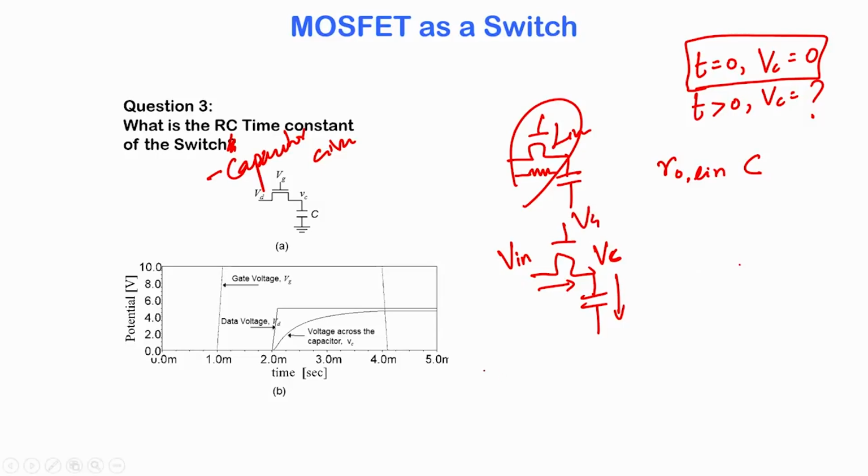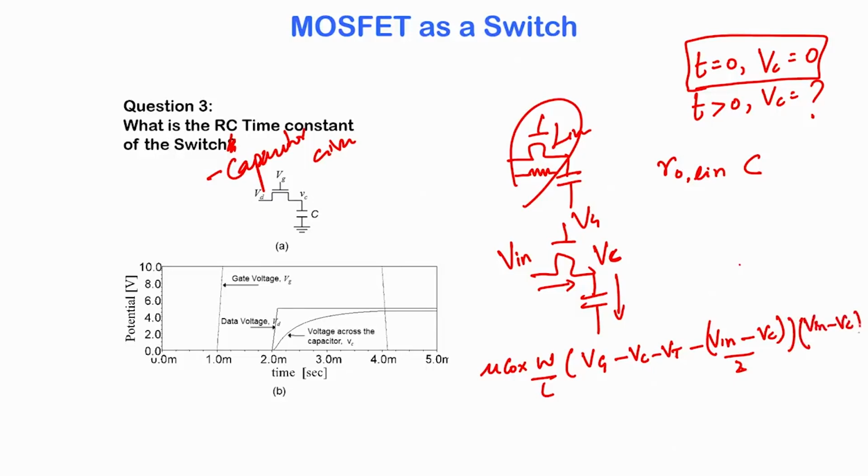It is going to be mu Cox W over L into VGS, which is Vg minus Vc minus Vt, minus Vds by 2, which is Vn minus Vc by 2, into Vds, which is Vn minus Vc. This must be equal to the current through the capacitor, so it is C dVc by dt.